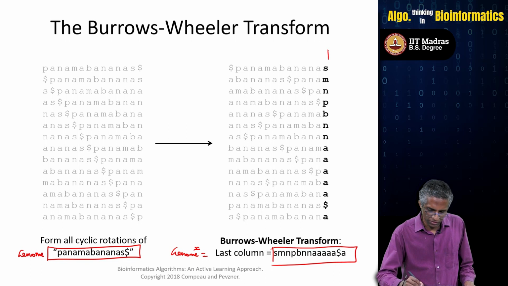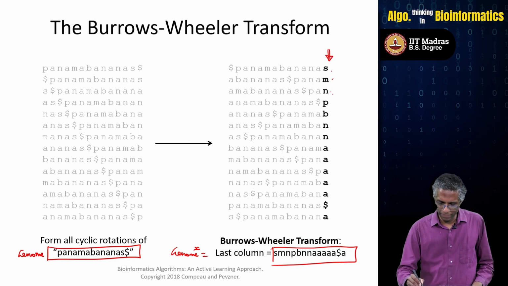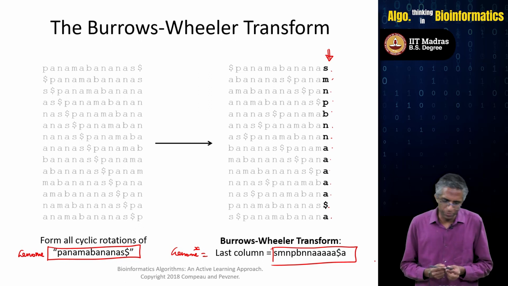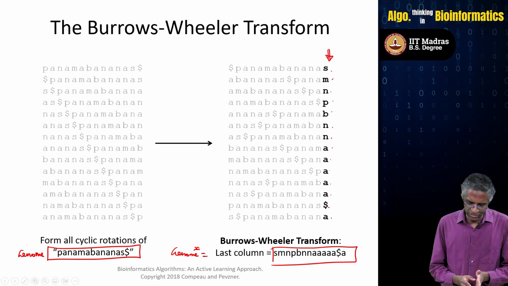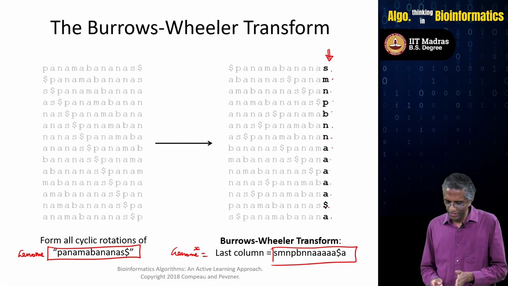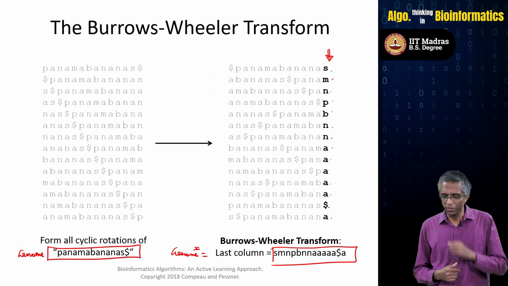So this last column here, SMN$A, is going to be your Burrows-Wheeler transform. Okay, we took something like a genome and then made it into genome star using this Burrows-Wheeler transform.